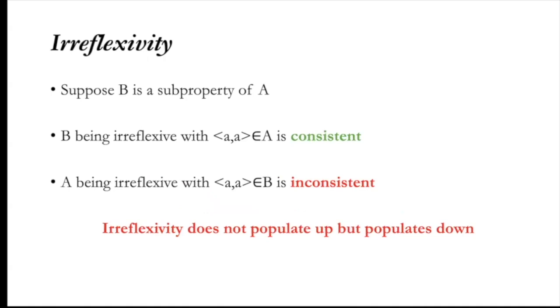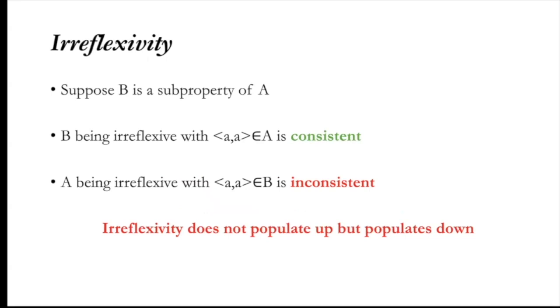Suppose B is a subproperty of A. B being irreflexive with AA in A is consistent. If B is irreflexive and A has a reflexive pair, that is consistent. You don't get a contradiction. But if A is irreflexive and AA is in B, you get a contradiction.